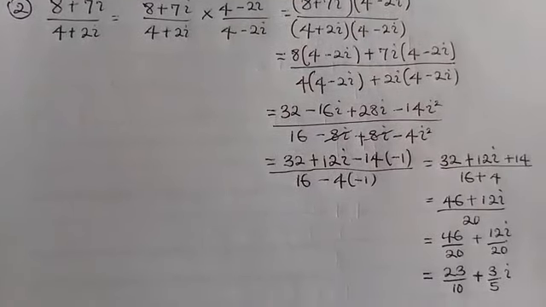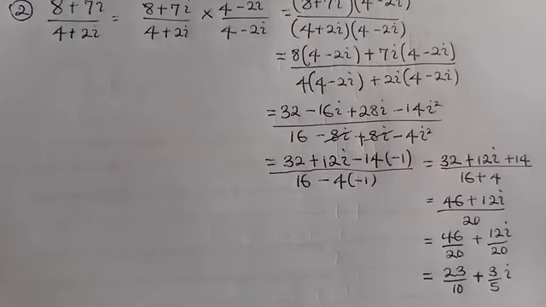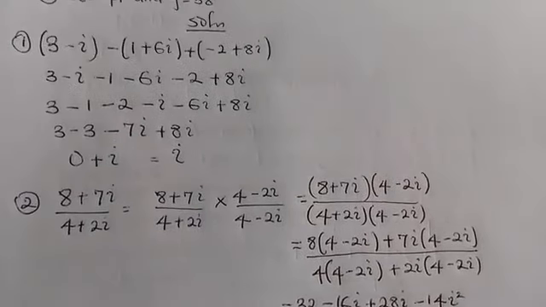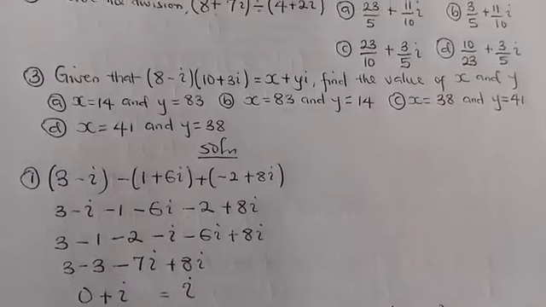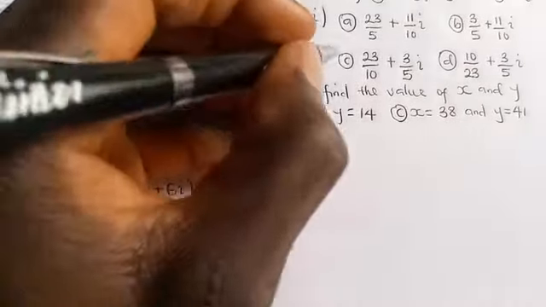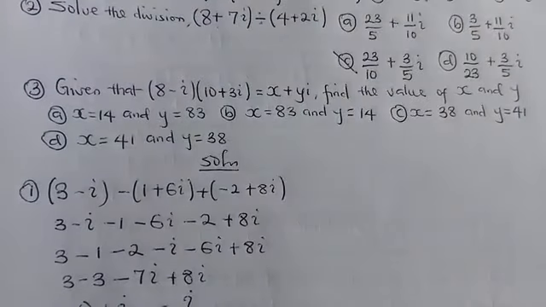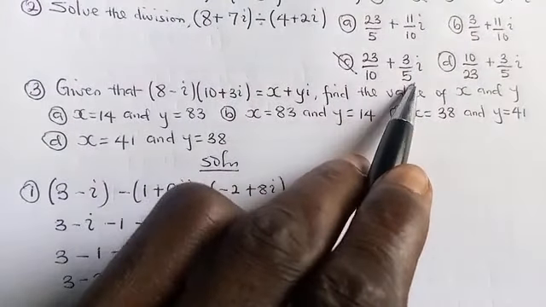So 23 over 10 plus 3 over 5i is the answer. And that corresponds with option C, 23 over 10 plus 3 over 5i.